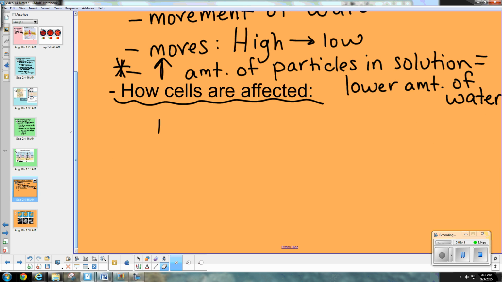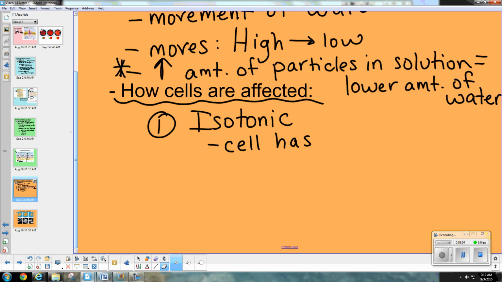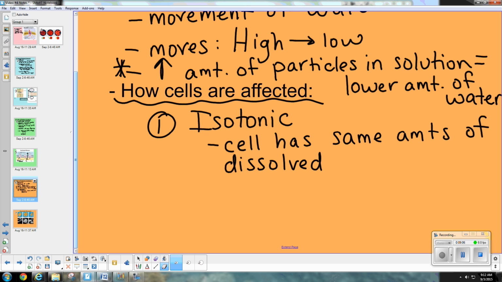So the first way is known as isotonic solution. This is when the cell has the same amount, or same concentration, of these dissolved particles. When we're talking about particles, we could be talking about the sodium ions, or potassium ions, so dissolved particles. It just depends on what the cell is using and what its function is.